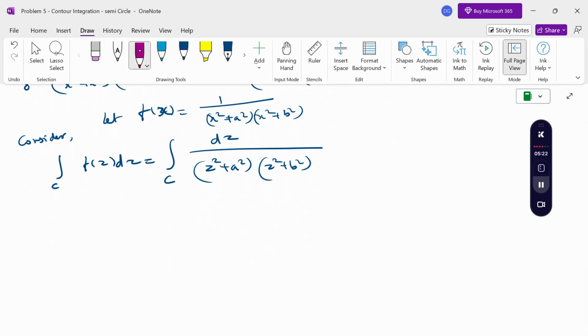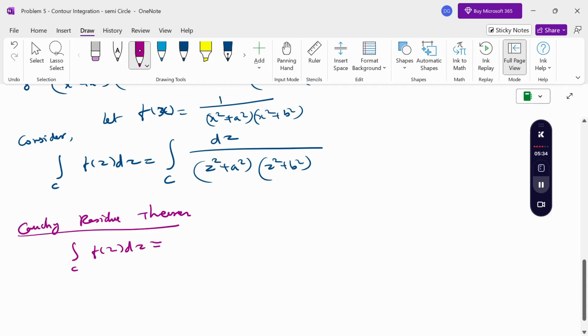Now what is the Cauchy residue theorem? The Cauchy residue theorem: the integral over C of f of z dz equals 2 pi i times the sum of the residues at the points z1, z2, z3 and so on up to zn.